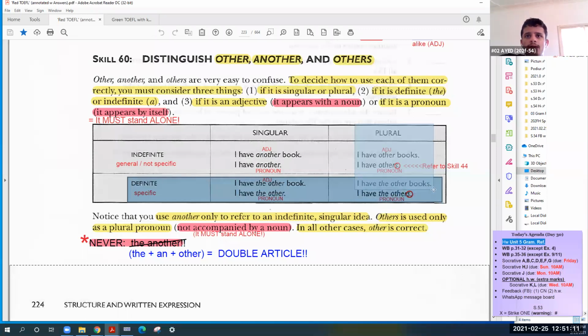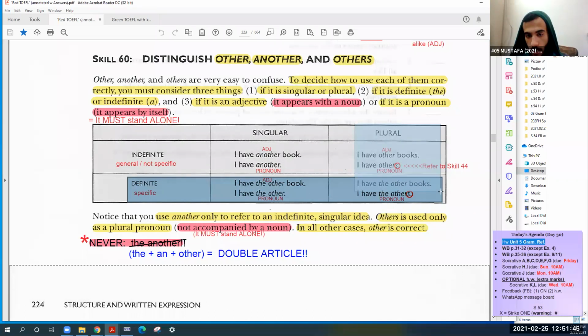We're doing definite plus plural. Look across. Definite plus plural. It's frozen. All right, Mustafa, you want to try?